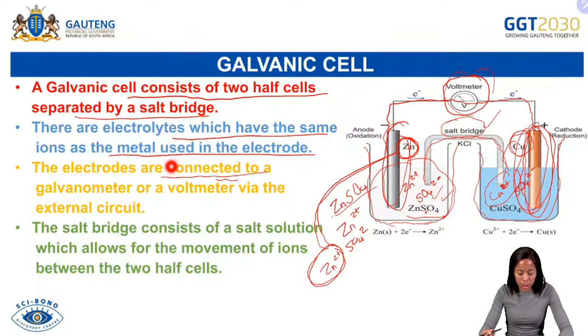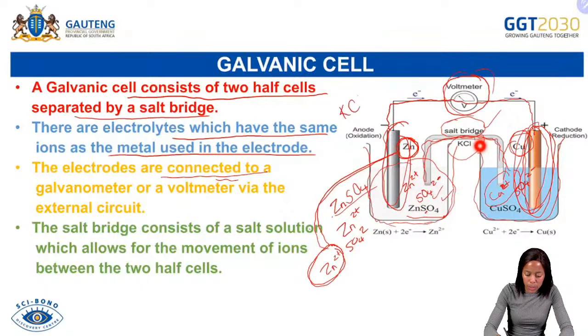Now it says the salt bridge. So this is the salt bridge, the tube here. The salt bridge consists of a salt solution. In this case, what do we have as our salt solution? We have KCl. So it consists of a salt solution which allows for the movement of ions between the two cells.